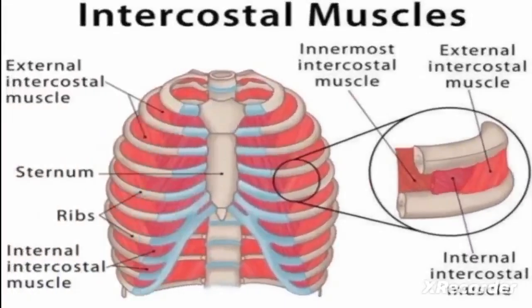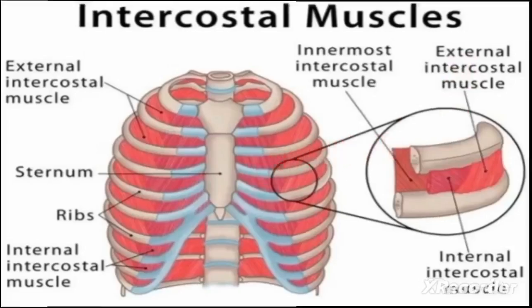The intercostal muscles are muscles between the ribs. The muscles found inside are called internal intercostal muscles, or innermost intercostal muscles. Then the muscles found outside are called external intercostal muscles.